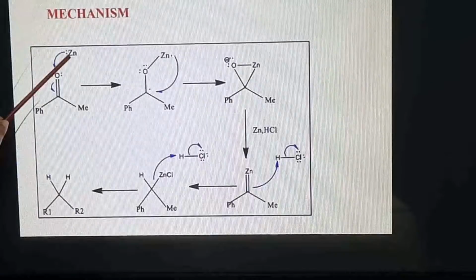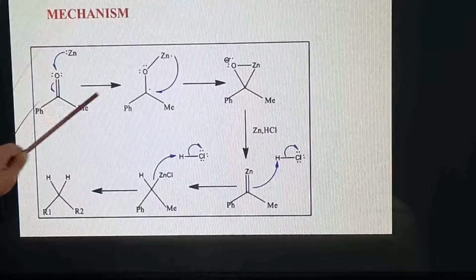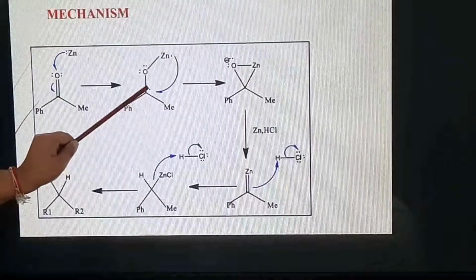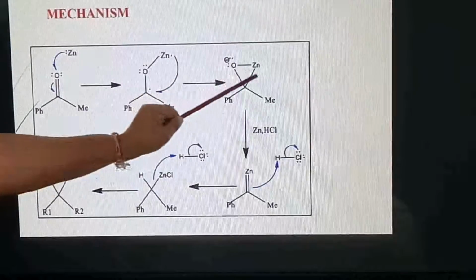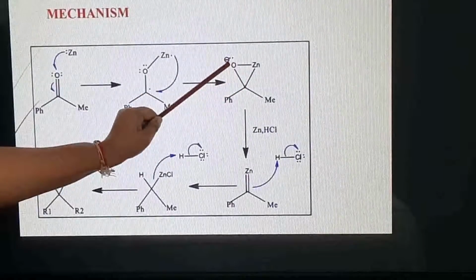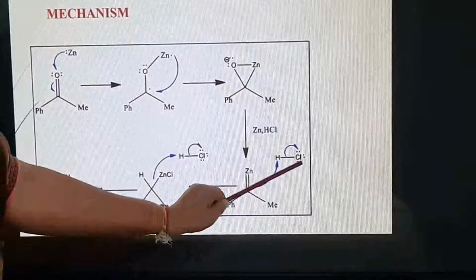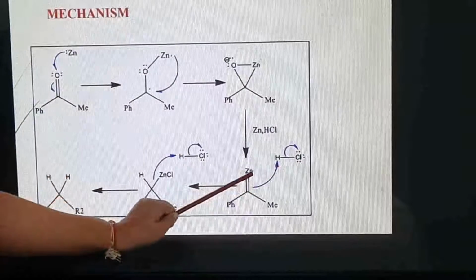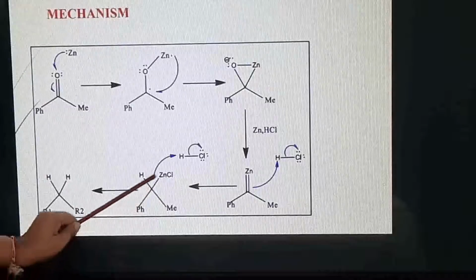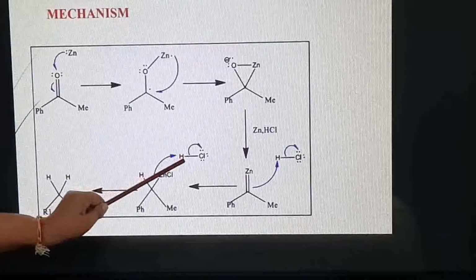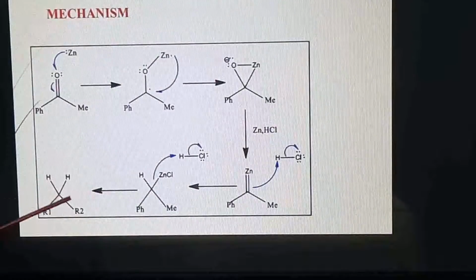So zinc is highly rich in electrons. It donates electrons to oxygen, oxygen gives electrons to carbon, and carbon becomes electron-rich with a negative charge. Again the triangle bond forms, and oxygen gets the negative charge. From the hydrochloric acid, zinc takes electrons from chlorine to form zinc chloride, and hydrogen attacks the carbon, forming a C-H bond. The next hydrogen comes from another HCl and acts on the carbon, and formation of CH2 takes place.